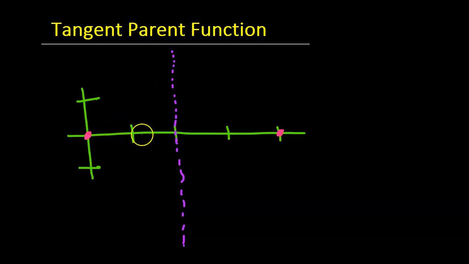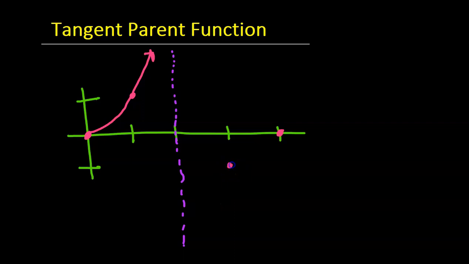So if I go 1/4 period over, I'm going to have another point at the amplitude. For the parent function, that will be 1. But whatever the amplitude is, there will be a point here. And the graph will be increasing as you approach that asymptote. And then beyond the asymptote, the graph is going to jump down here.